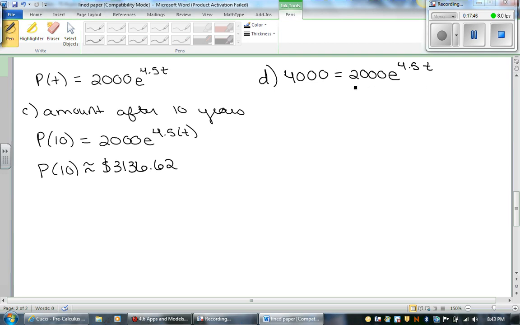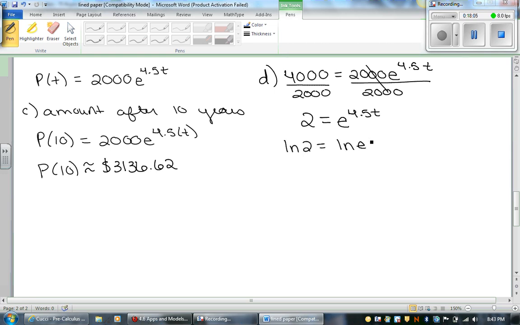So we want to get the exponential piece alone. Divide by 2,000. And since I doubled it, I know it's 2. Since the exponential function has a base of e, we're going to go ahead and use natural logs again. ln of e is 1, so that's why I get rid of that. Okay. Last step is divide by that 0.045.